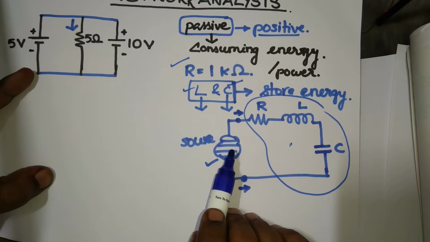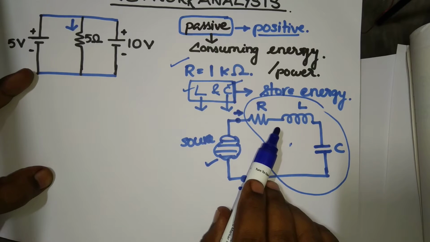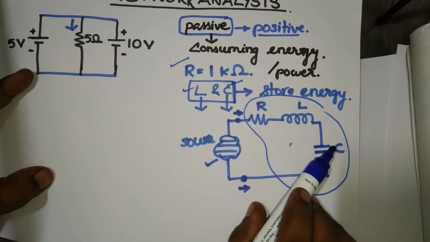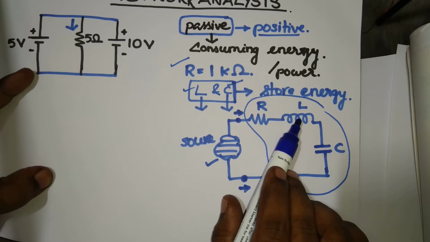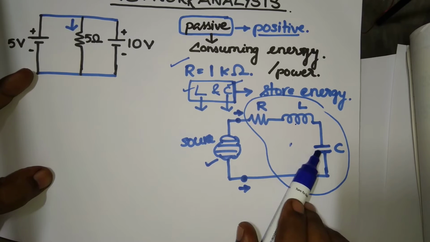That means the source is the cause of energy transfer. That energy will be stored in both L and C: in the magnetic field in this case, and in the electrostatic field in this case.